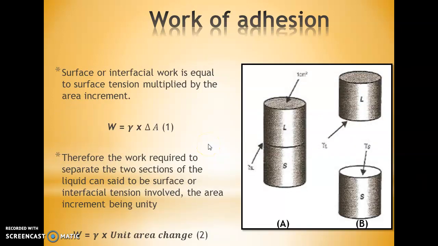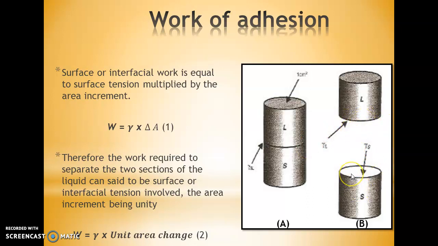So basically a surface or interfacial work, whenever the work is done, it represents the surface tension multiplied by the area of the increment, which is shown in the equation. Now when the work is done to separate these two liquids from each other, two new surfaces are created, but the surface area is not changed.